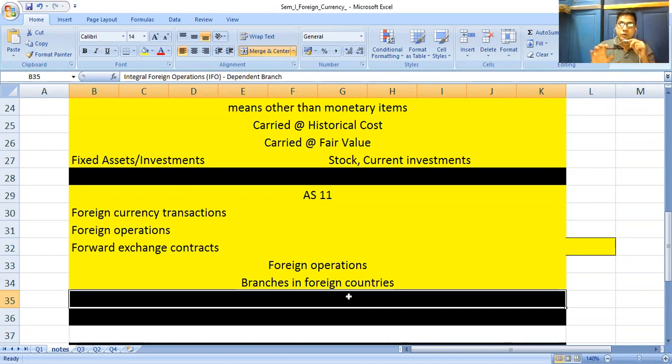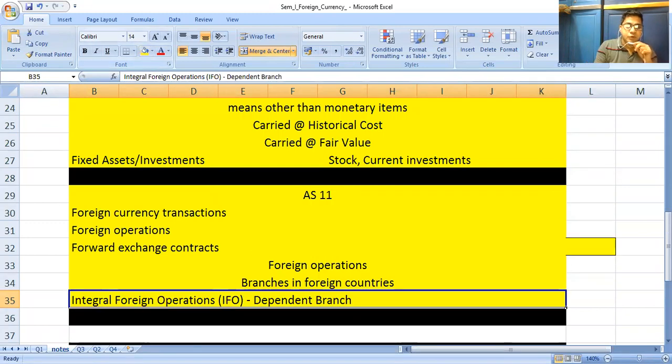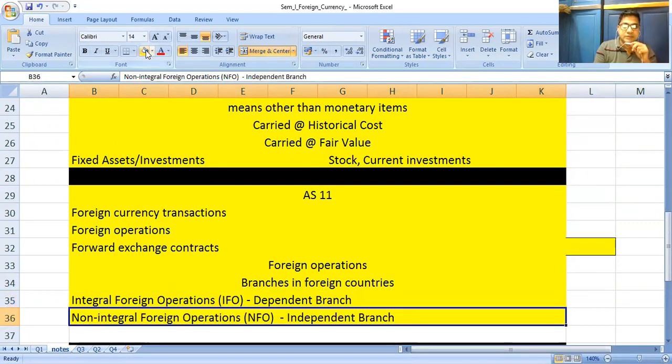Now, the main part is that there are two types of operations that we will discuss. First is integral foreign operations, and second is non-integral foreign operations.